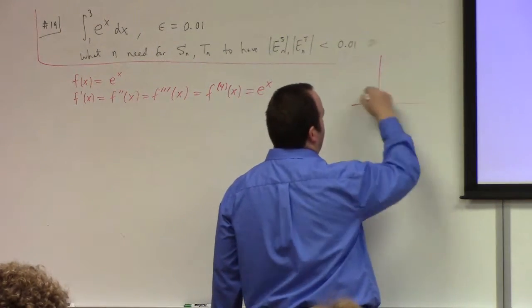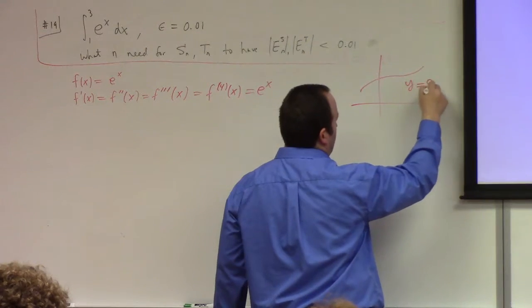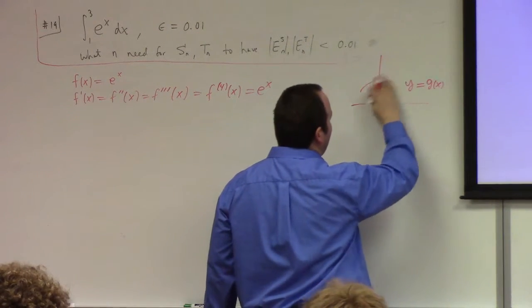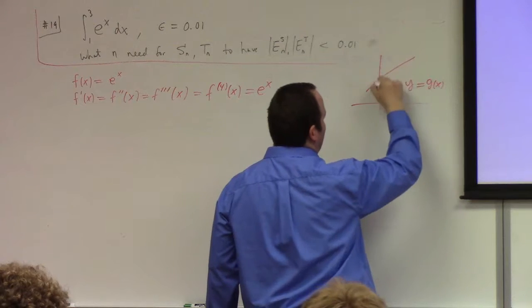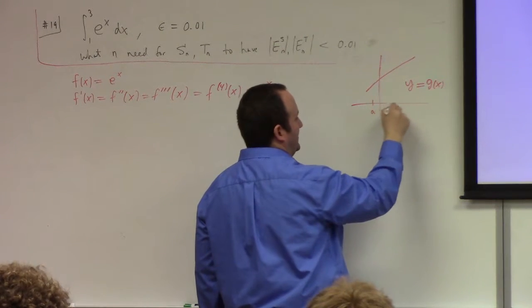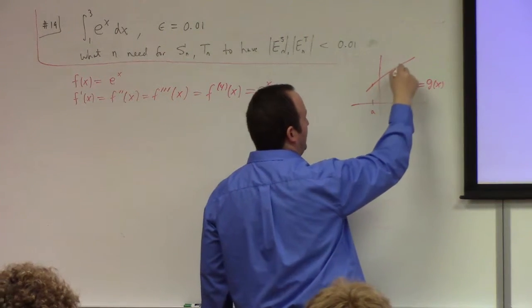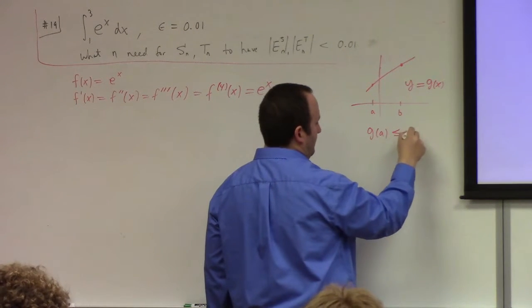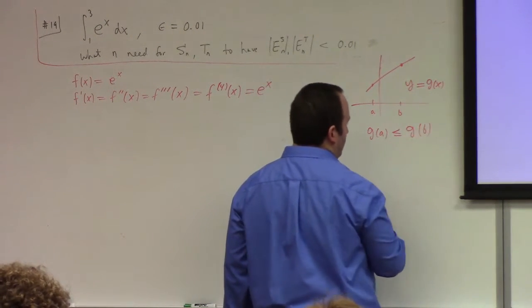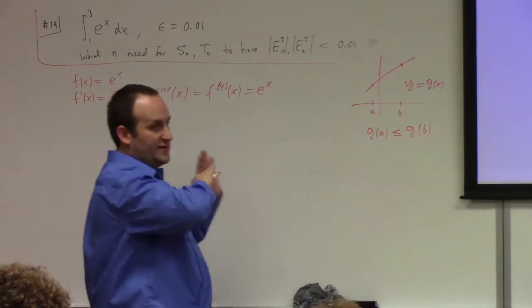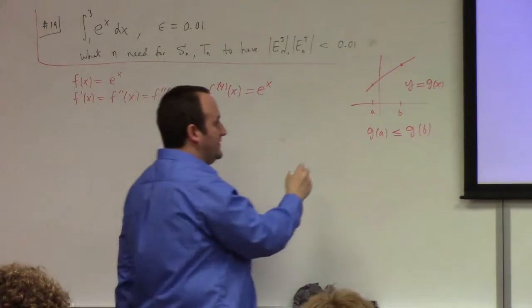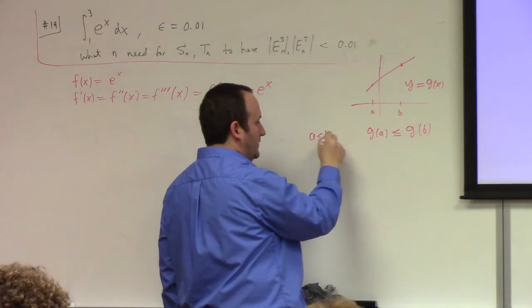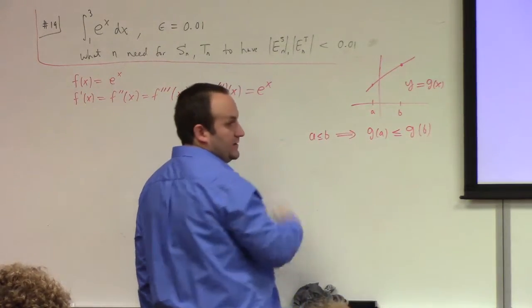Think about this. If I have y equals g of x strictly increasing, like that, right? If you take, say, a and b, what do you get to say about g of a and g of b? If g is increasing, an increasing function preserves inequalities.